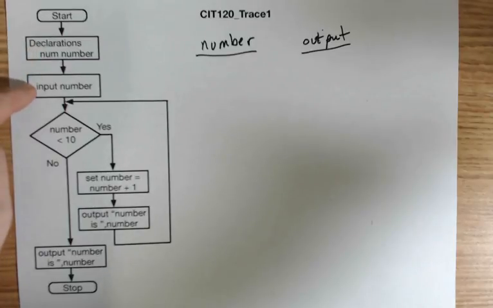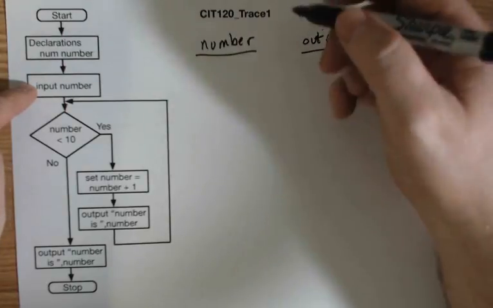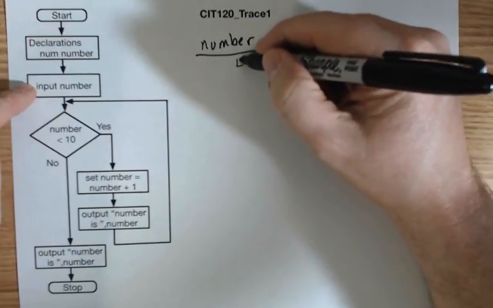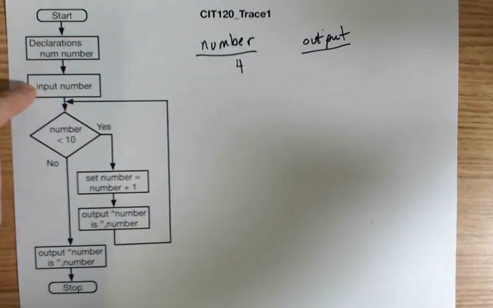So here we're going to input a value from the user and store it in the variable number. As we talked about previously, we shouldn't make any assumption in the beginning as to what value is currently in number. We can just consider it garbage at this point. But when the user types a number, let's say for example they type in the number 4, then the variable number gets set to 4. So we make note of that.